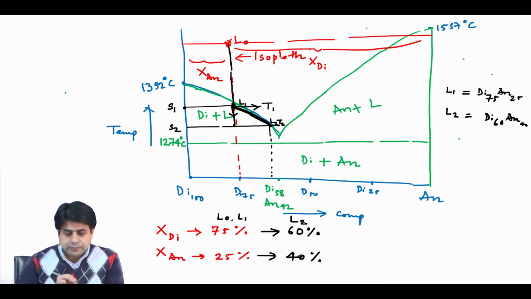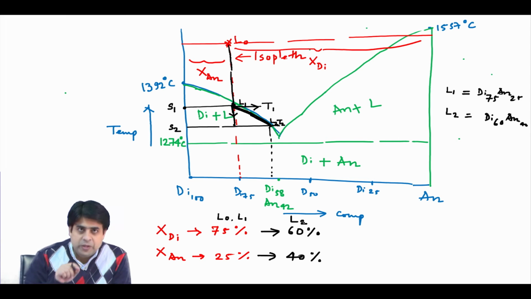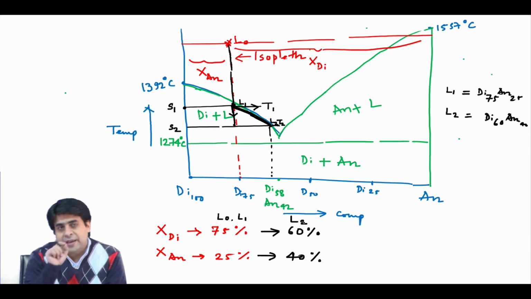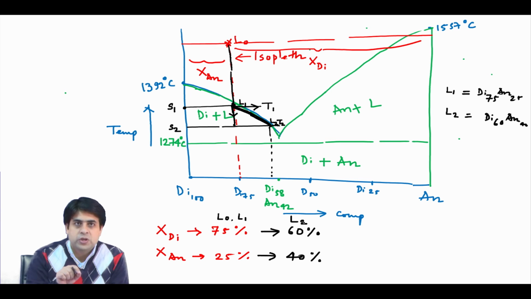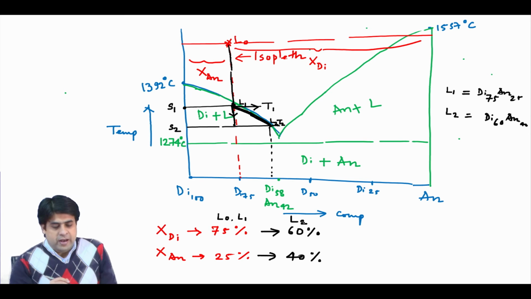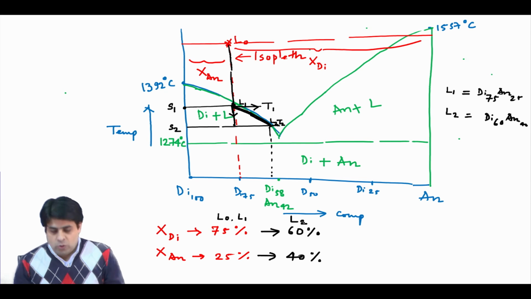Now the second question: what would be the composition of S2 compared with S1? Because L1 to L2 chemical composition is changing. If I ask whether the S1 and S2 solid compositions will be the same or different, both S1 and S2 have a pure diopside composition.